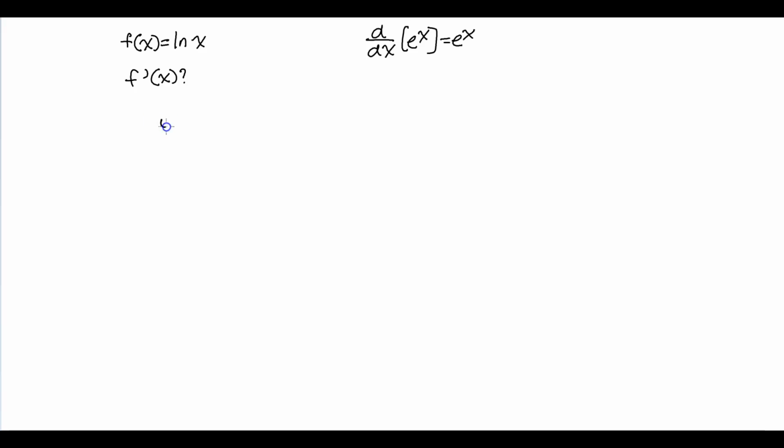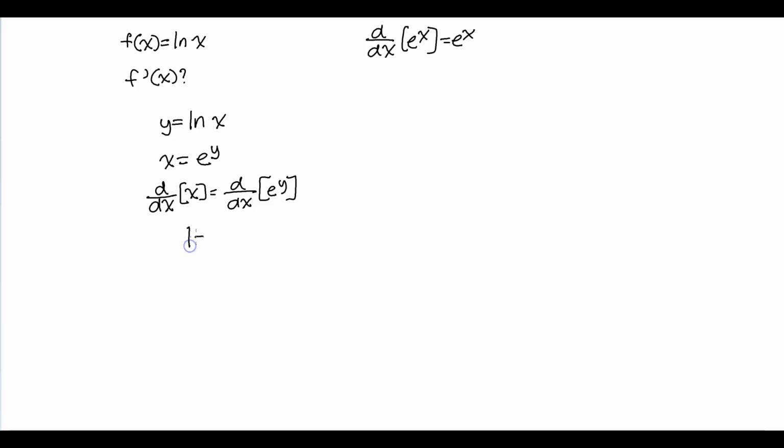So let y equals ln of x. Now we're going to use implicit differentiation. We can solve for x as x equals e to the y. If we take the derivative of both sides with respect to x, what do you get?